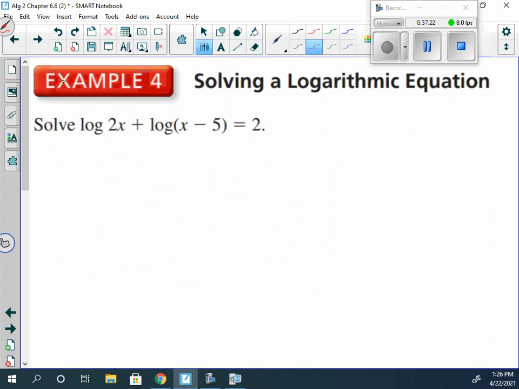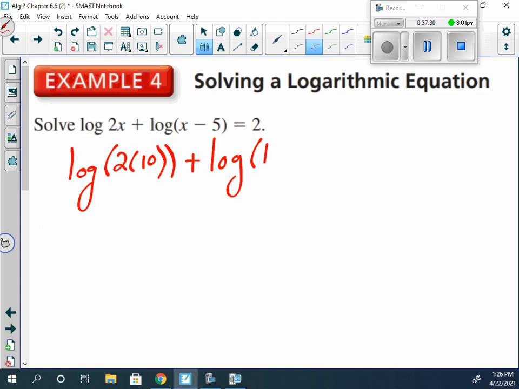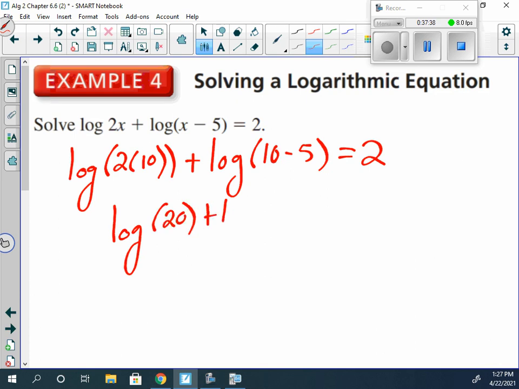And if we check 10, well, log of 2 times 10 plus log of 10 minus 5 equals 2. Well, 2 times 10 is going to be 20 plus log of 5. And it does work out that 2 is equal to 2.